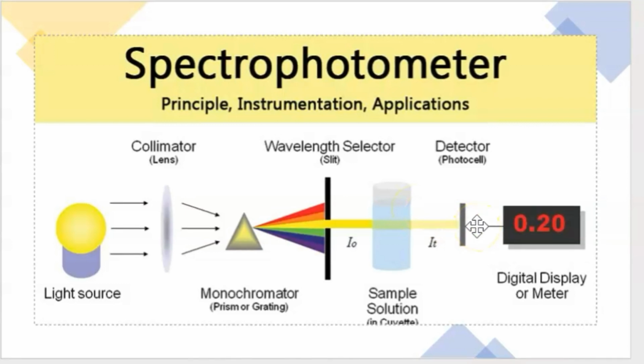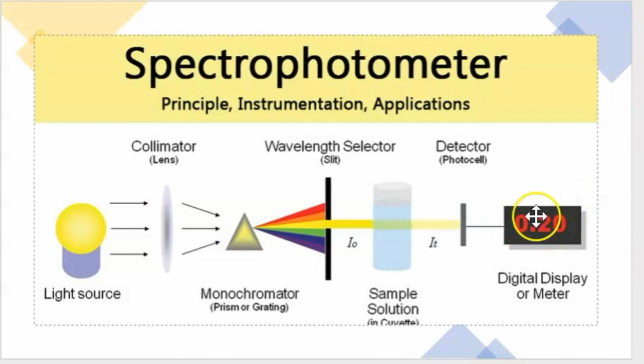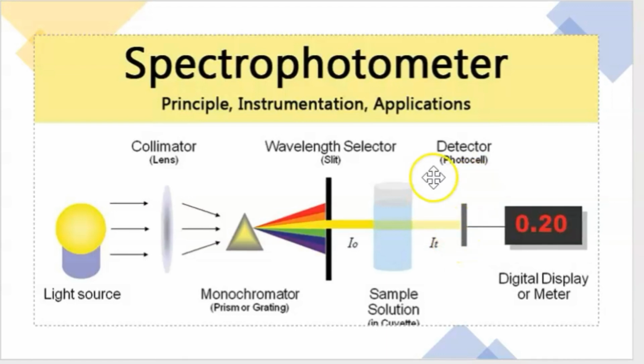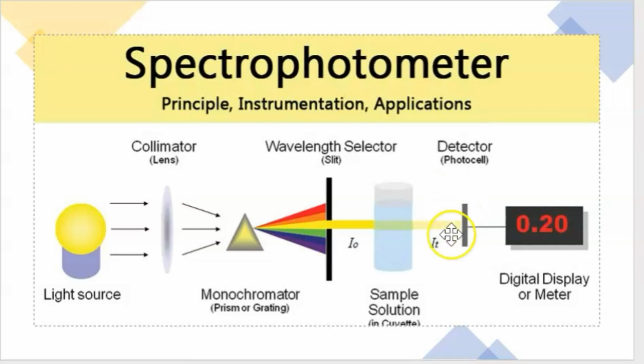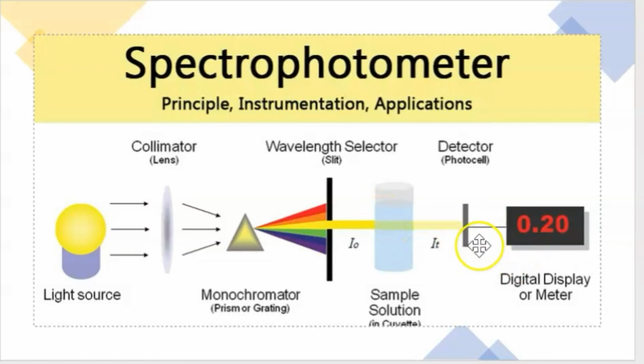Any photosensitive device can be used as a detector of radiant energy. The photocell and phototube are the simplest photodetectors, producing current proportional to the intensity of light. Then display devices.